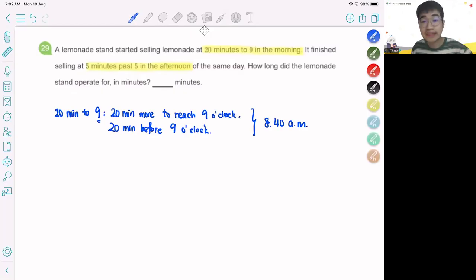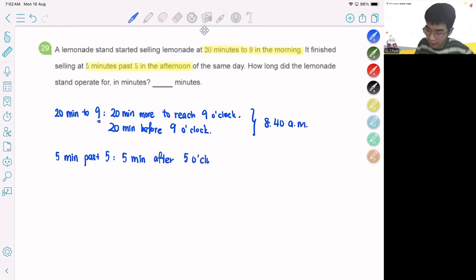Now, another way to express time will be past. 5 minutes past 5 means we have 5 minutes after 5 o'clock, right? We already passed 5 minutes since the full 5 o'clock. And since it's the afternoon, the time will be 5:05 p.m.